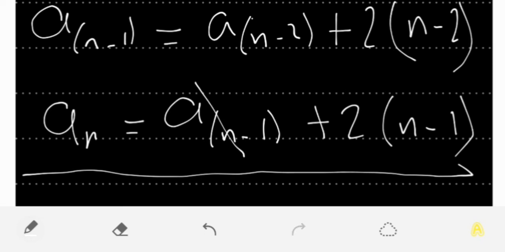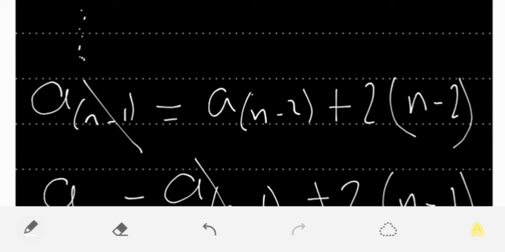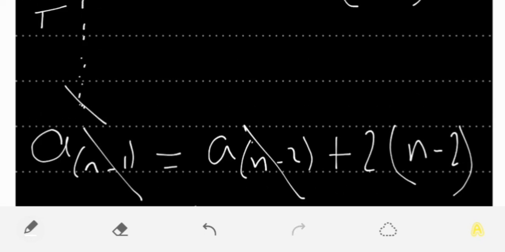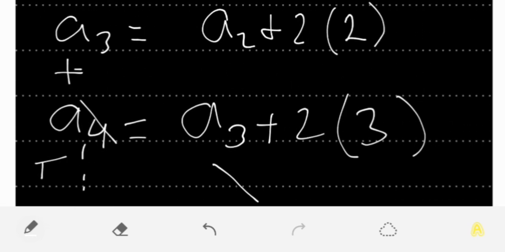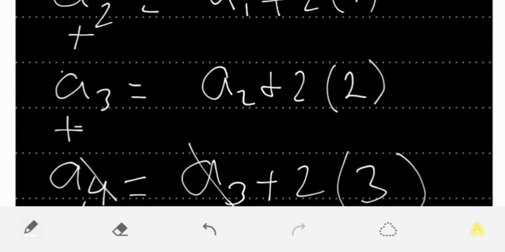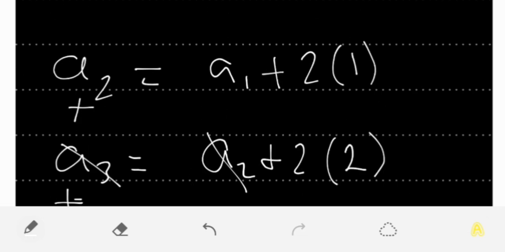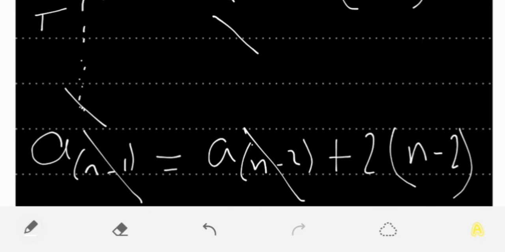So these terms are going to cancel, because we have them on both sides. Look, we have a3 over here and a3 over here, a2 over here and a2 over here.